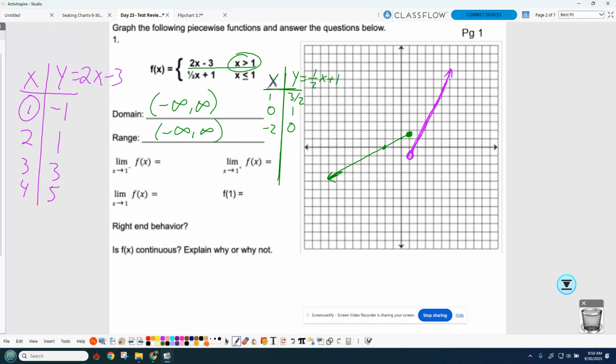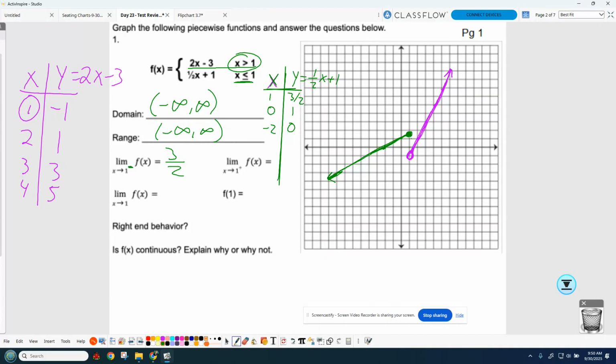Ashley, which of these, the top branch or the bottom branch, gives me the numbers from 1 on the less than side? The bottom one. So for numbers coming from the left side of 1, not infinity, when we're coming up to 1, where does the y value appear to go? It's going to 3 over 2, or 1.5.